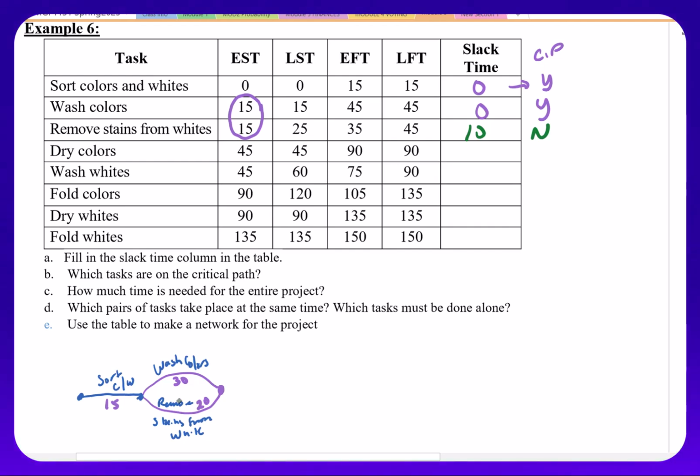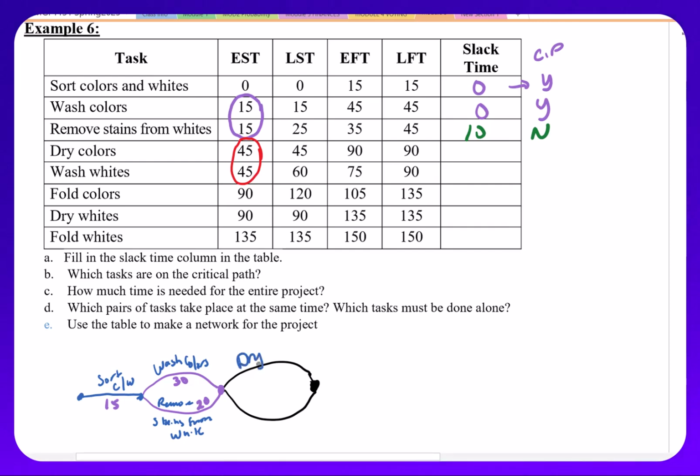Now I'm going to look at my next piece, and both of these start at the same time. So they're still going to be the same task allotment. We can be doing both of these at the same time, even though it's one person.